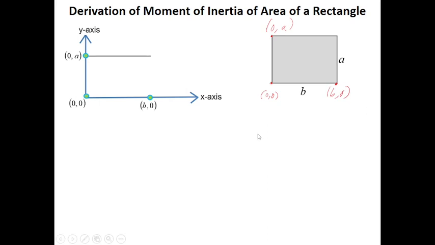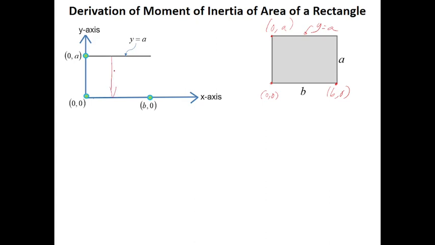So, in this case, we have here this length of this side of the rectangle. And this is now the equation of this line. So, yung equation niyan ay y equals A. Bakit y equals A? Kasi, at any value of x, ang y mo laging equal sa A, di ba?